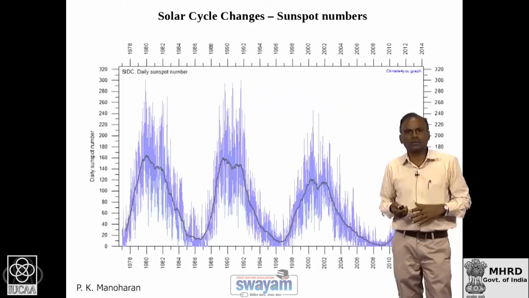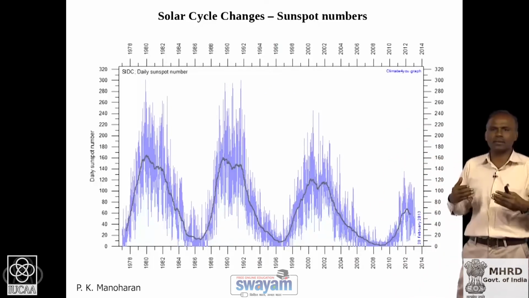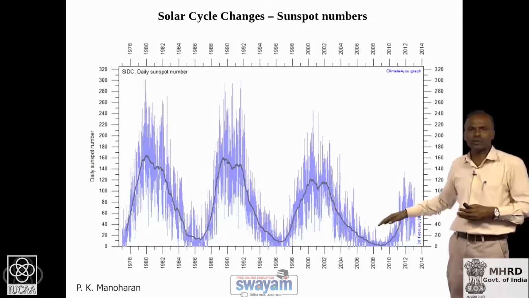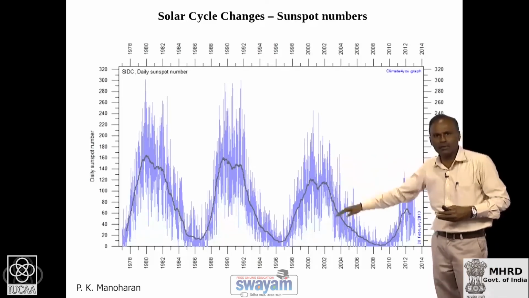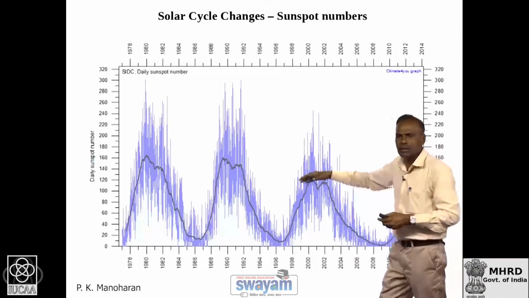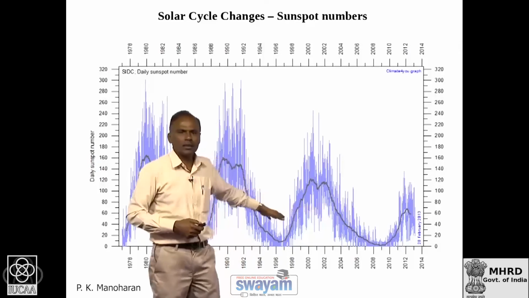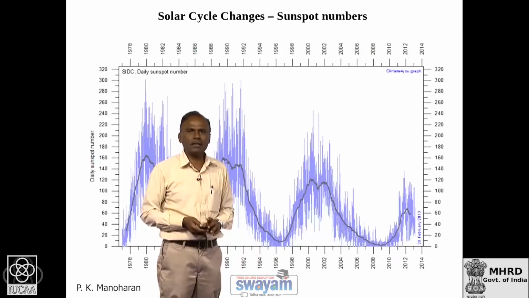Okay, so we know the sun is varying, sun activity is varying every 11 years. So, it goes from solar minimum to maximum, again minimum, maximum. So, this shows the sunspot number as a function of year for something like 3.5 solar cycle.